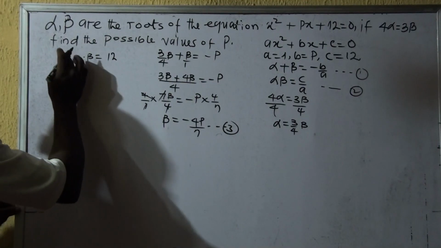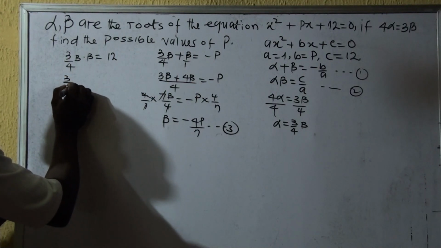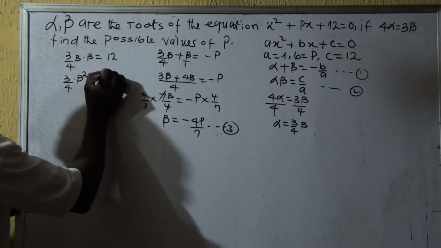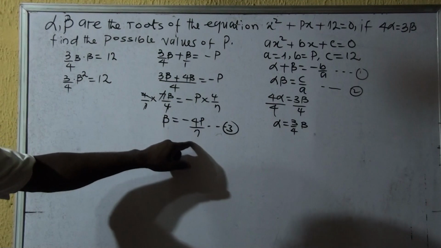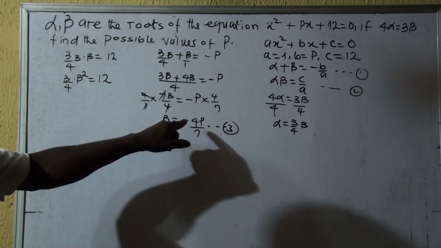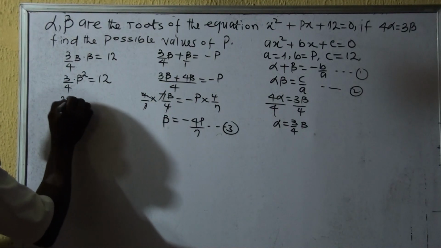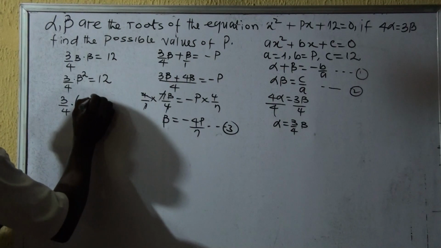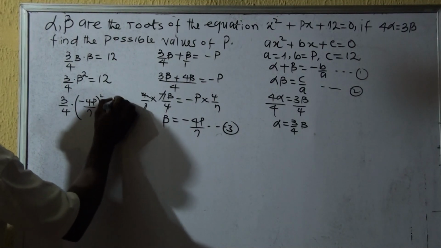This expression gives 3 over 4 times beta squared is equal to 12. We are aware that beta is minus 4p over 7, and because we are looking for p, we substitute it in place of beta. So this becomes 3 over 4 times minus 4p over 7, all squared, is equal to 12.